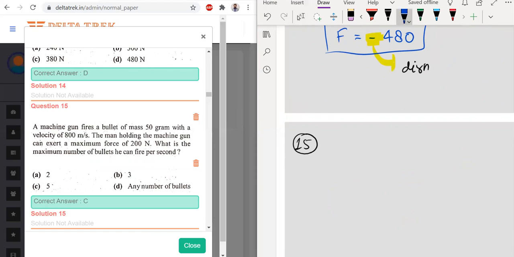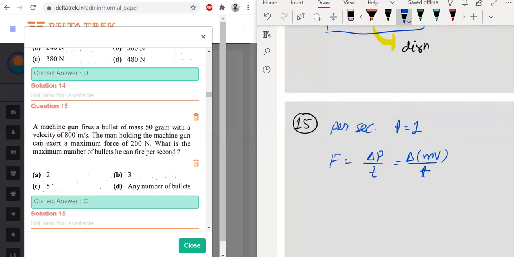So per second means, t कितना लेना है, 1 second. Okay, so I know that the force is change in momentum. How much momentum is change, mp upon t, or I'll say change in mv upon t.